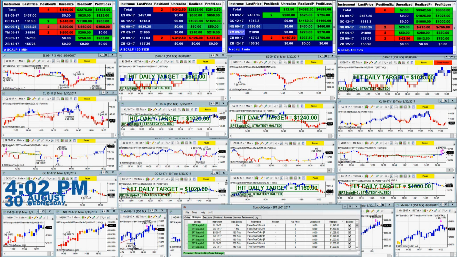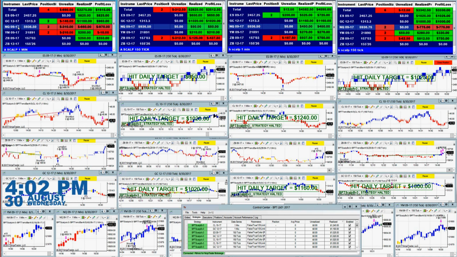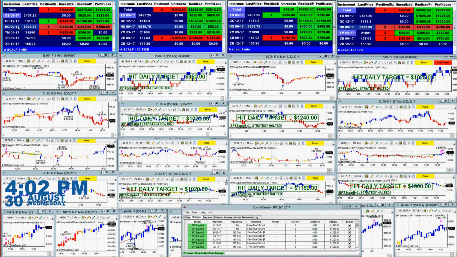As an example, you say, I want to trade the NASDAQ today, and I'm only taking 3 trades. So we are limiting ourselves to 3 trades on the NASDAQ with a 10-tick stop loss.